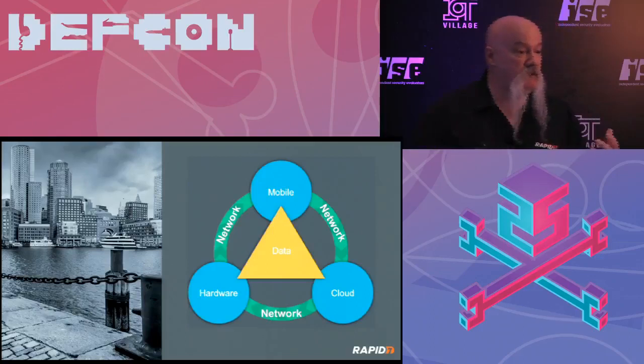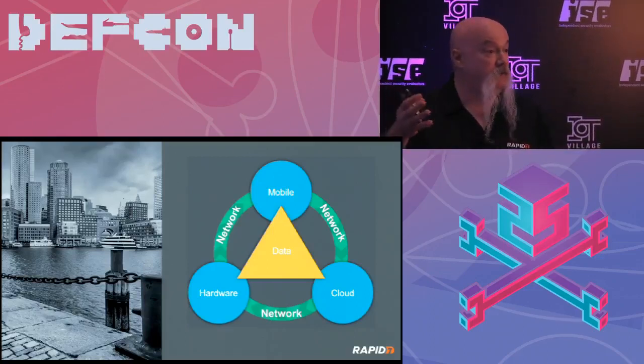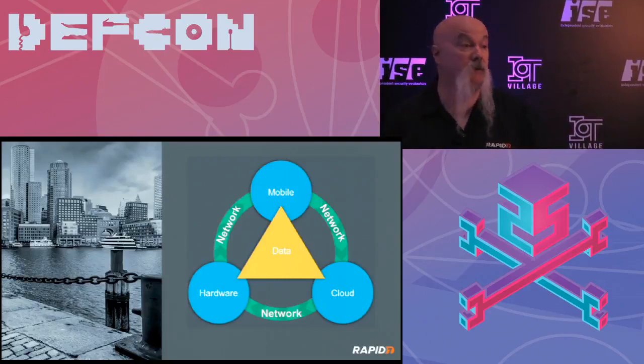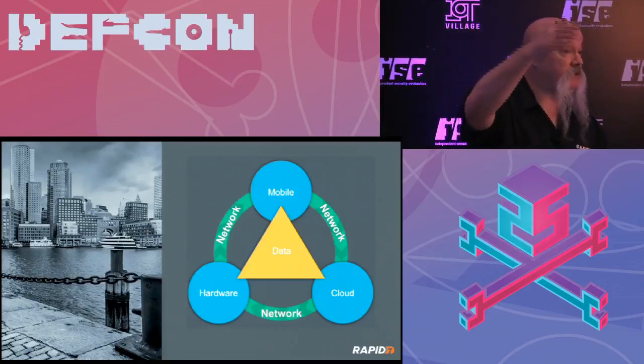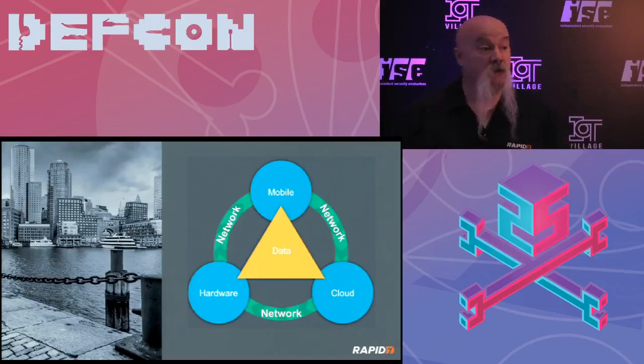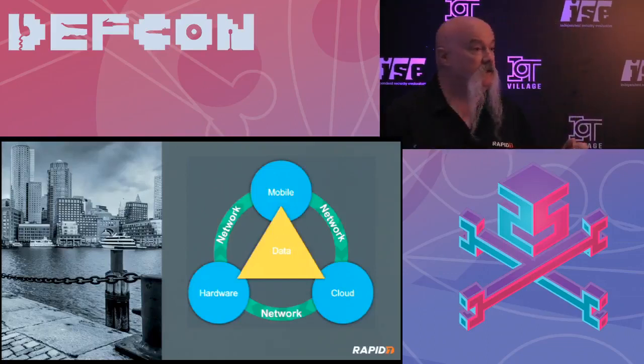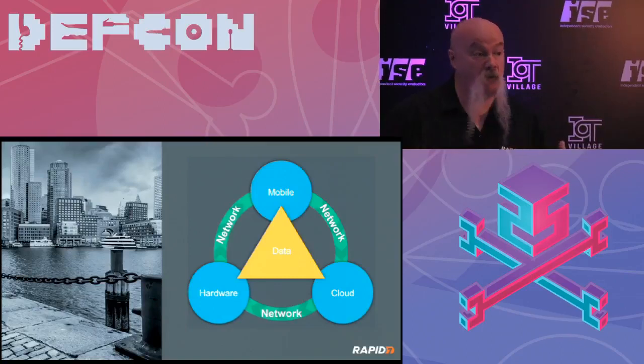That way we can examine the impact of one aspect of the ecosystem on the other. What's the impact of hardware vulnerabilities on cloud information, cloud data, cloud APIs? What's the impact of mobile applications on the hardware or on the cloud APIs, and vice versa? That way, anytime I approach a technology, I look at the entire ecosystem, all the pieces.